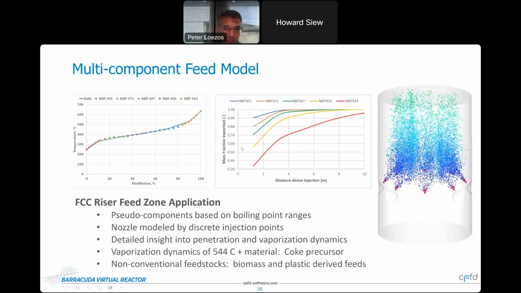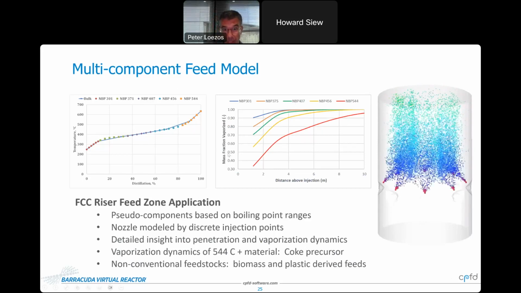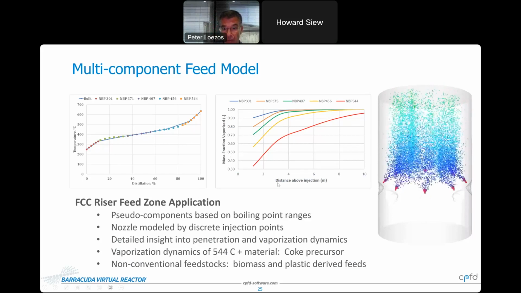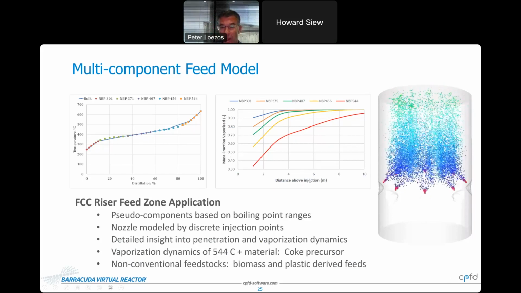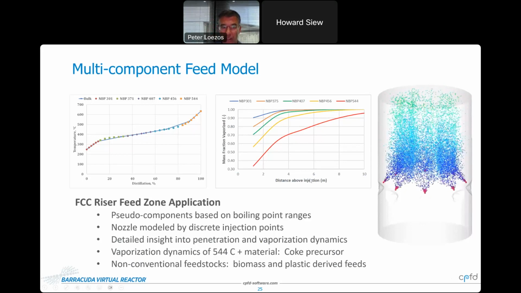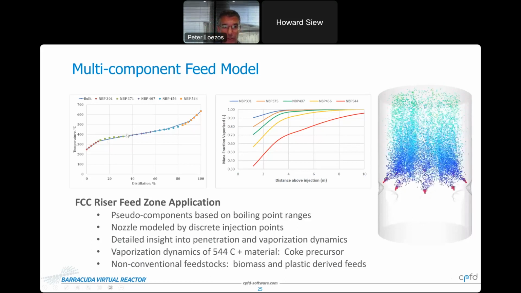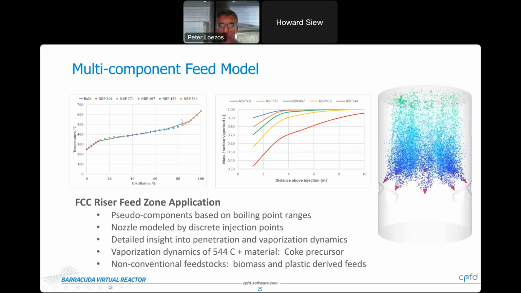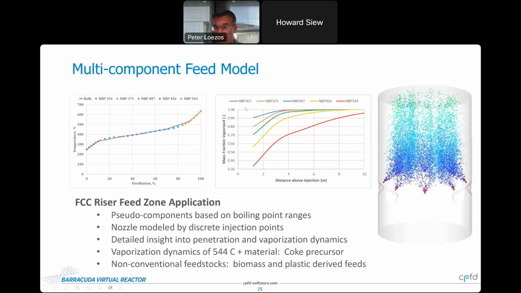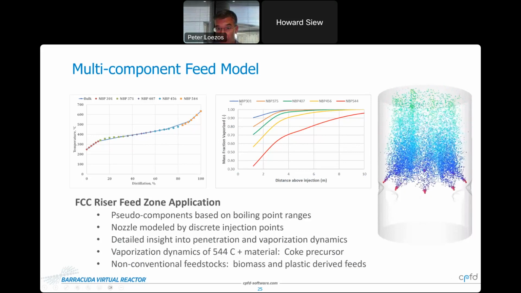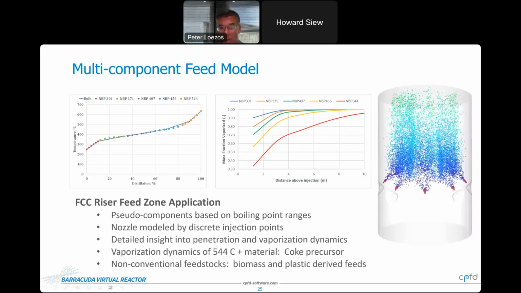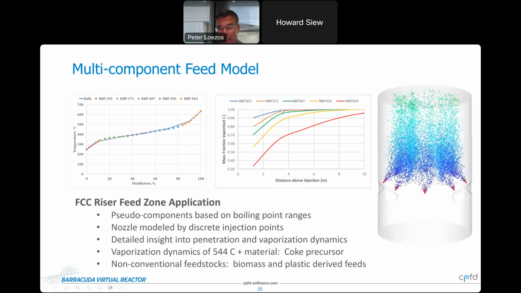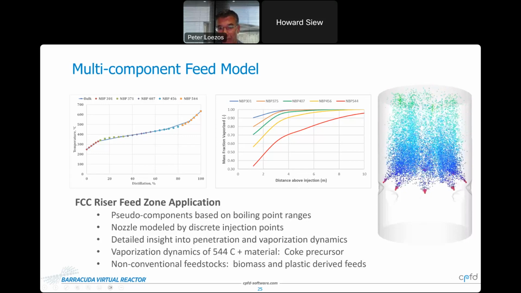I'm giving you an example of that up here at the top, and here I'm plotting the mass fraction vaporized versus the distance above the nozzle, above the injection, for each one of these pseudo components that I've plotted here on the left. If you look at the very light end component, NBP 301, what you'll see is that it fully vaporizes at above 4 meters above the nozzle.